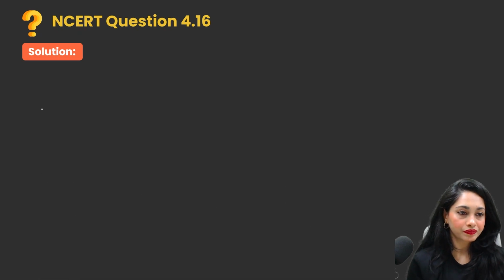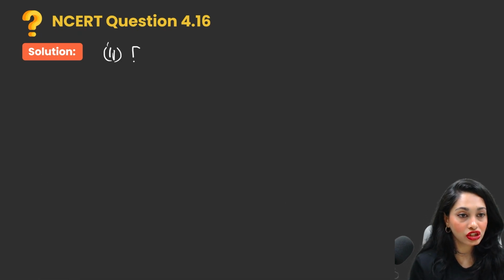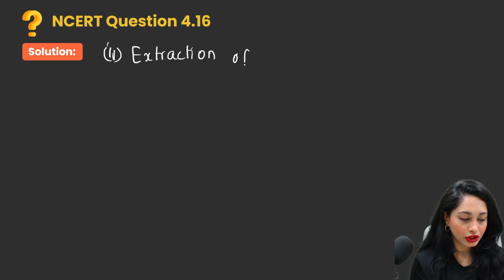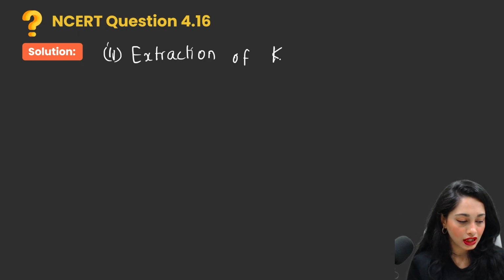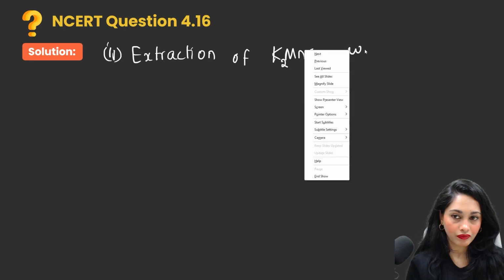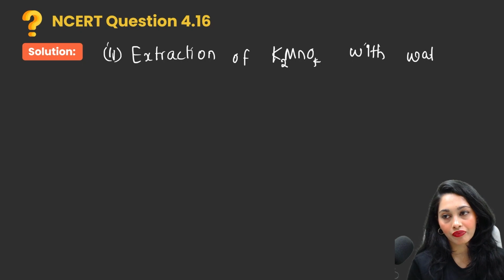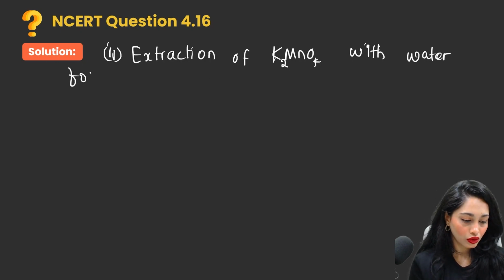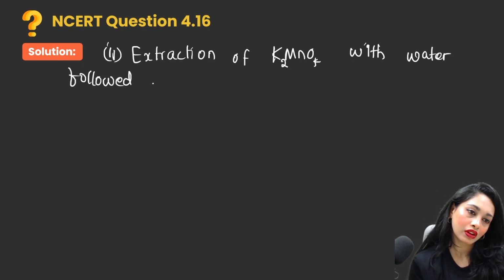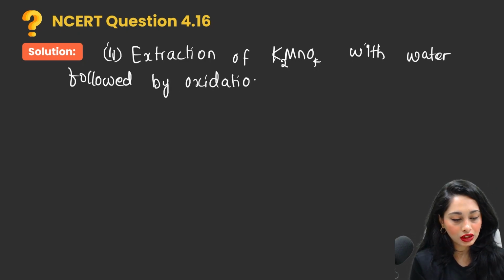So the next step is extraction of potassium manganate, K2MnO4, with water, followed by oxidation with chlorine.